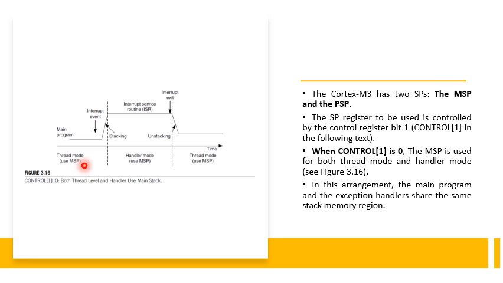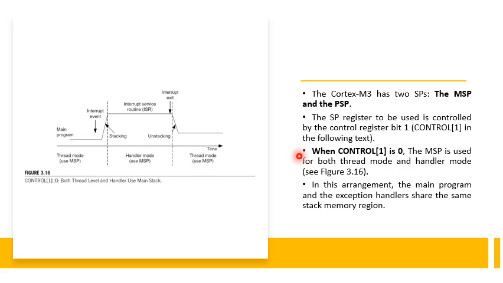After saving the current data onto the stack, when the processor gives service to the external interrupt, it will be in handler mode. Before switching from the external interrupt back to the main program, that is before popping out, it should come back to thread mode.